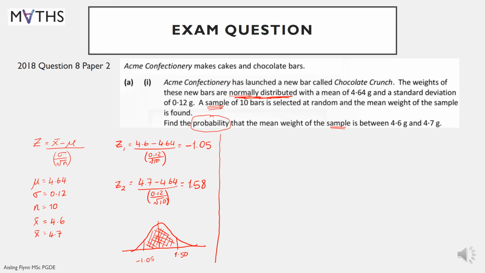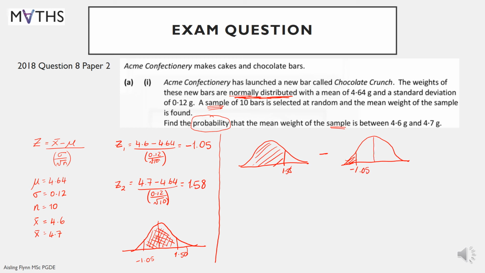It's easy enough for the 1.58. We'll start off by getting the z-score of 1.58, and we will be subtracting the proportion that is below minus 1.05.